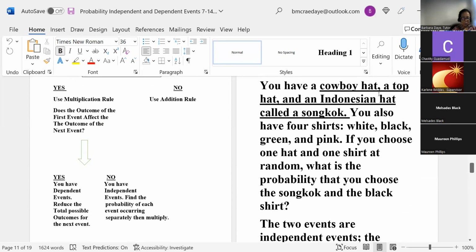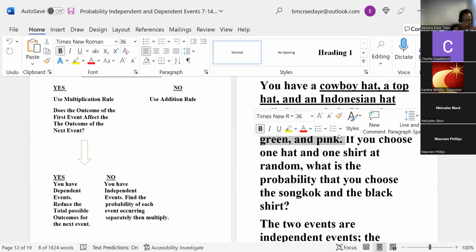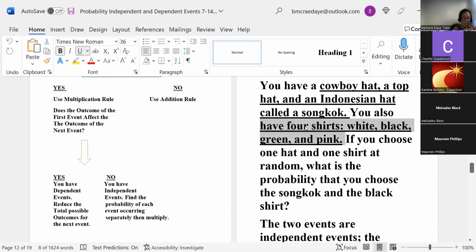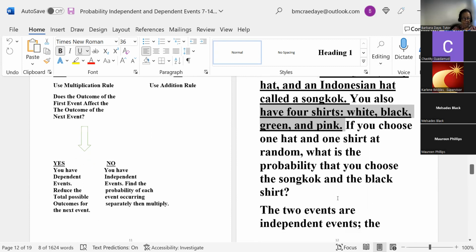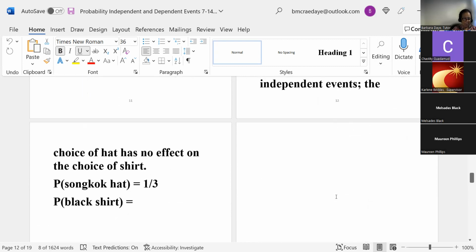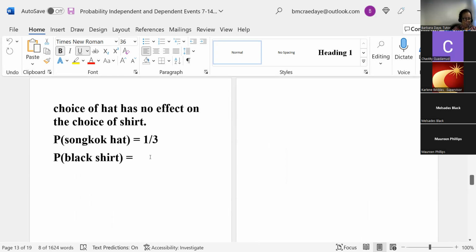Look here. 4 shirts. There you go. White, black, green, and pink. So what's the probability of getting a black shirt, Maureen? 1 over 4.